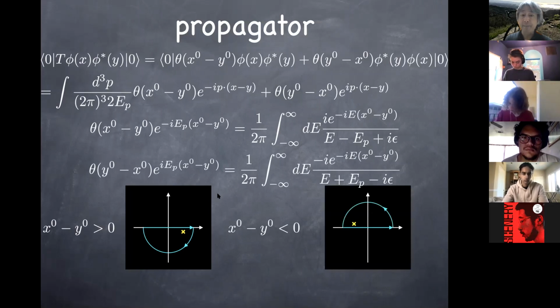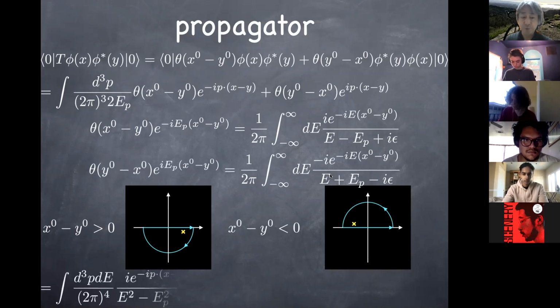And by just adding them up, which is the original expression from this operator sandwiched between the vacuum state, summing them up gives you a combination of the denominator E minus E_p times E plus E_p. That will give you E squared minus E_p squared. E_p squared is p squared plus m squared. So as a result, I get E squared minus p squared minus m squared.